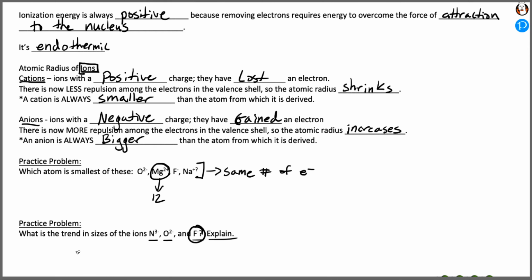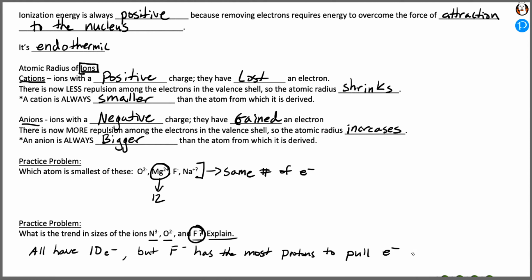And for our explanation, we could say all have 10 electrons, but F- has the most protons to pull electrons closer in to make it a smaller size.